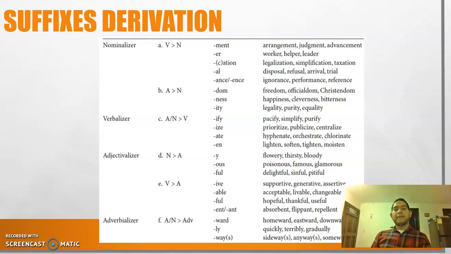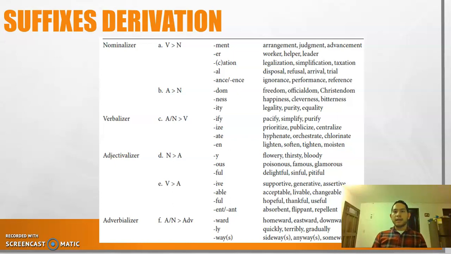And there are four types of suffixes in this case: nominalizer, verbalizer, adjectivalizer, and adverbializer.